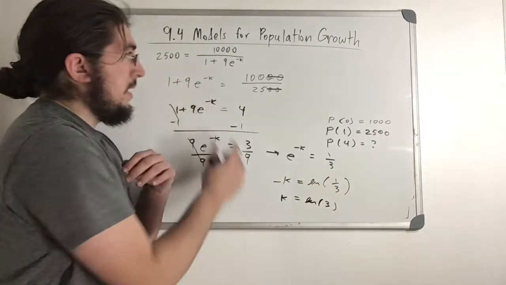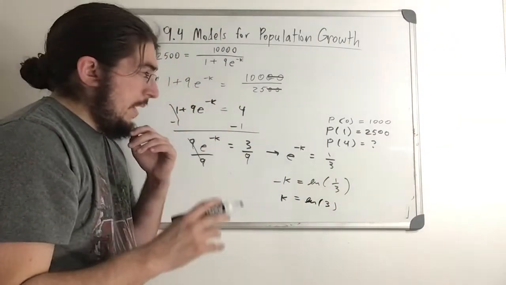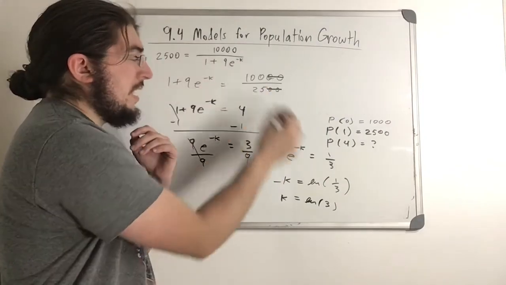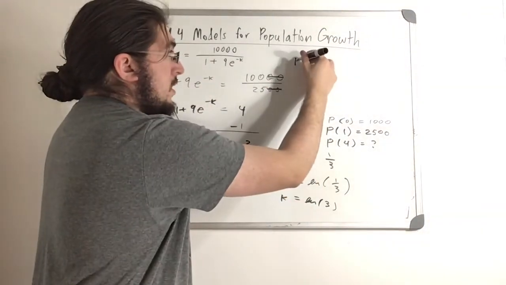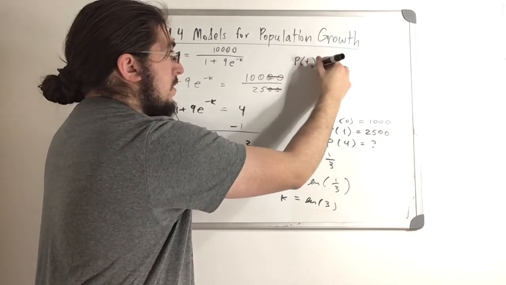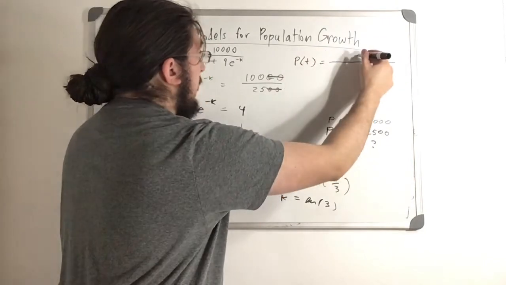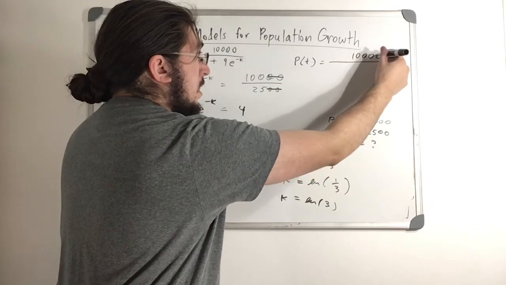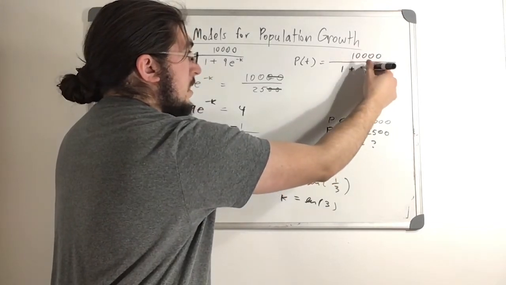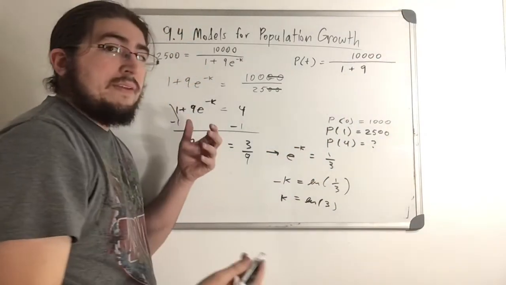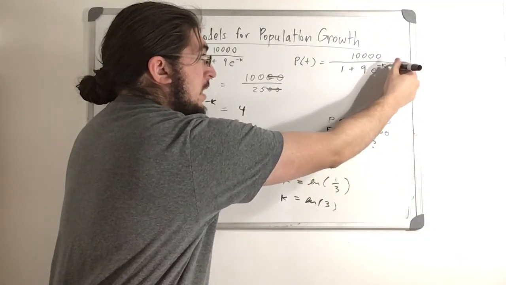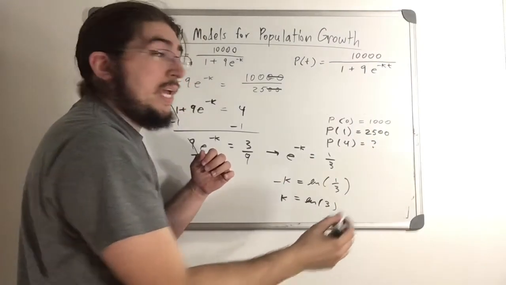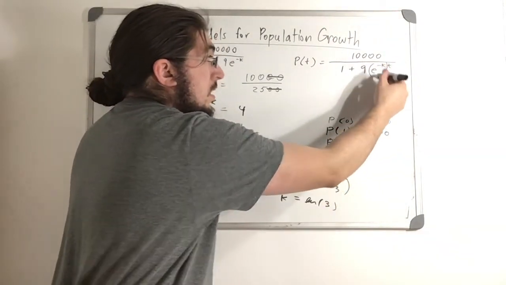And you can plug that in, but something a little more clever happens. We have e to the negative k is equal to 1 over 3. So if you think about it, our population model, P of t, is the carrying capacity 10,000 divided by 1 plus 9 times e to the negative kt. Now remember, e to the negative kt is e to the negative k to the t, like this.